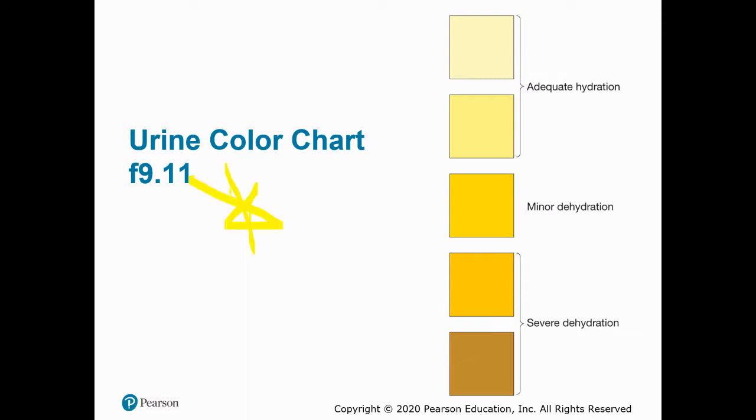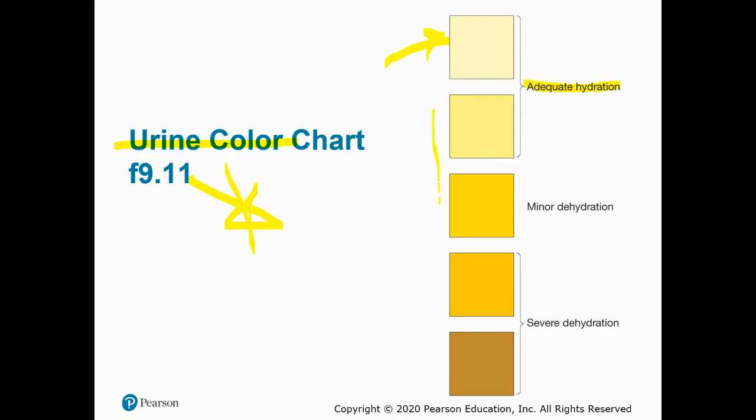This, I think, is actually a really helpful chart to assess dehydration and hydration. So adequate hydration, this would be the color of your urine. Adequate hydration is where we have almost not clear, but opaque urine that maybe has a slight yellow hue to it.